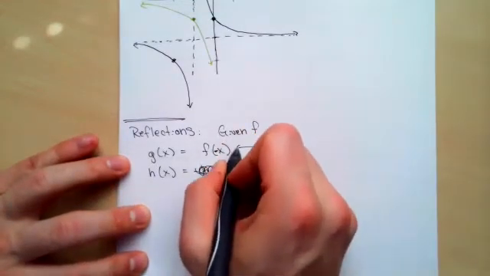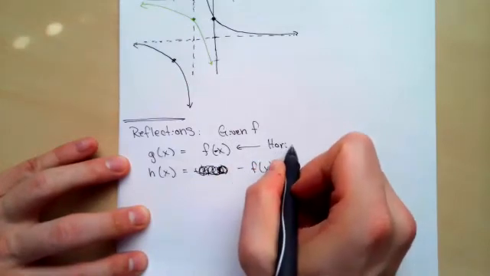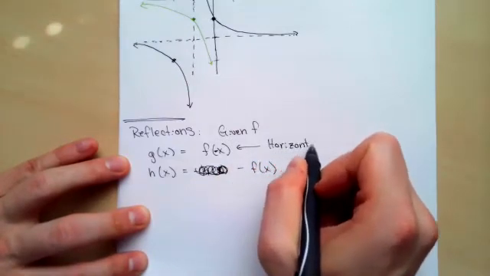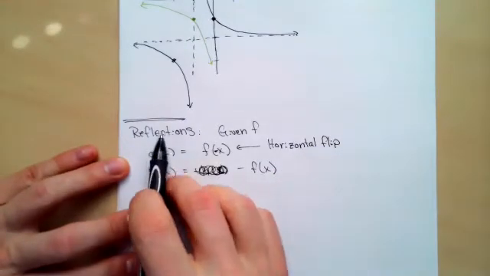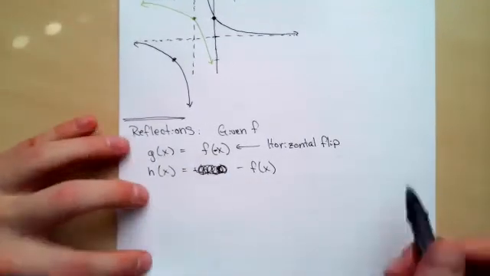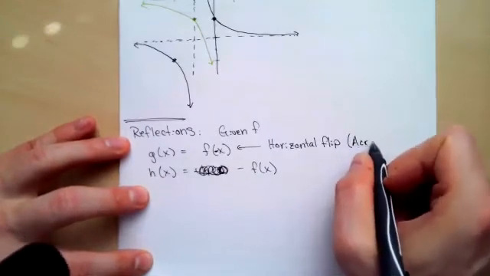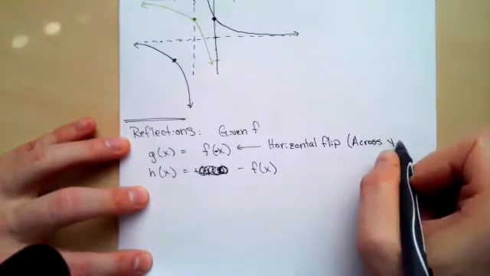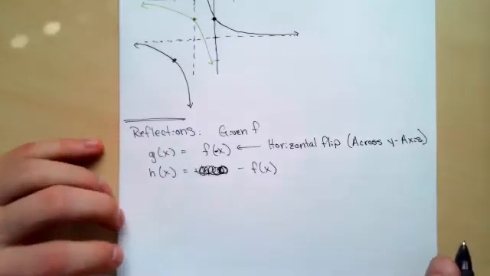This is going to be a horizontal flip. So other than a reflection, we might say the word flip. Both mean the same thing. Horizontal flip, other things we might say flip across the y-axis or about the y-axis.